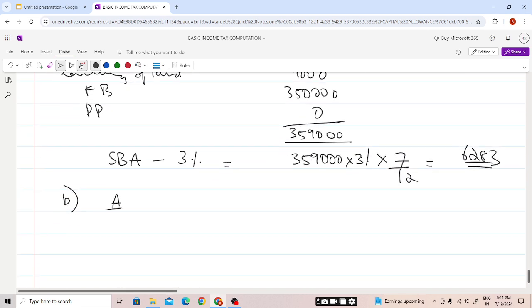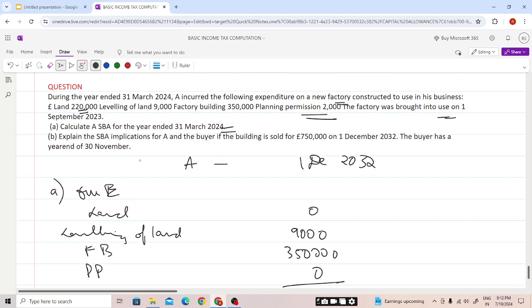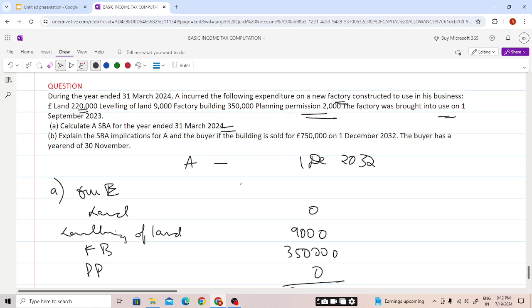So now coming to A. So students, the date is 31st March, we have already calculated, and on 1st December. So now we need to see what is the implication for the buyer.